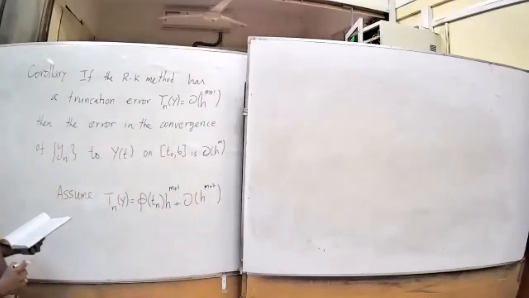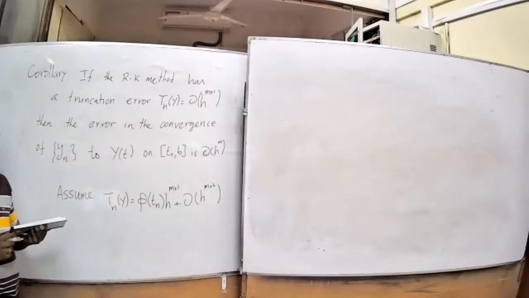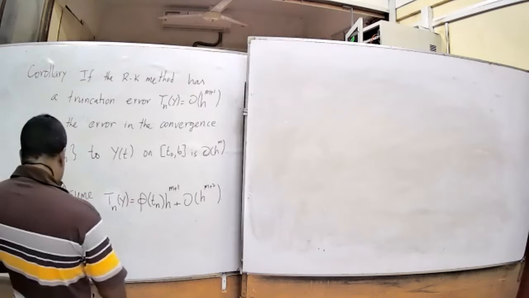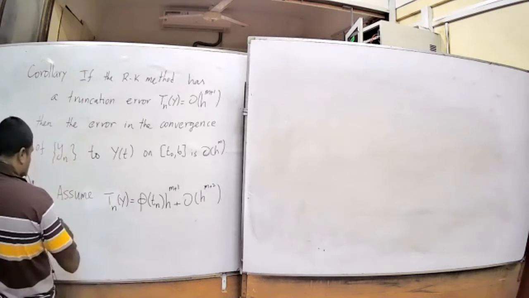You know that if the truncation error is order of h to the power m plus 1, you will have a term with h to the power m plus 1, and then h to the power m plus 2, and h to the power m plus 3. Because h is small, h to the power m plus 1 will be the dominant term. So you can have a coefficient phi of tn, and then you can write it as it is.